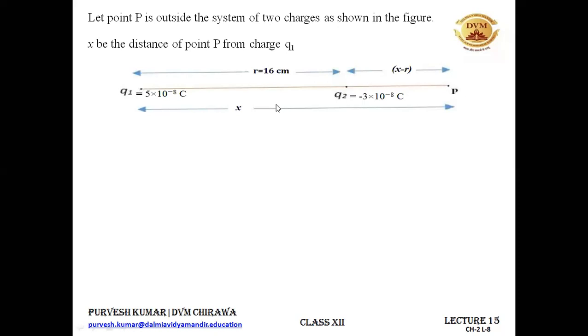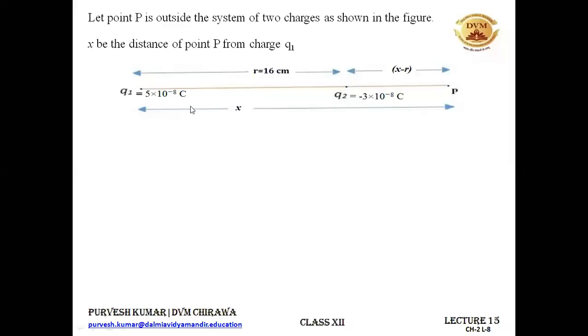It is not lying in between the two charges, but somewhere outside the line joining the two charges. So it is over here. The distance of point P from charge q2 will be x minus r, because this complete distance is x.